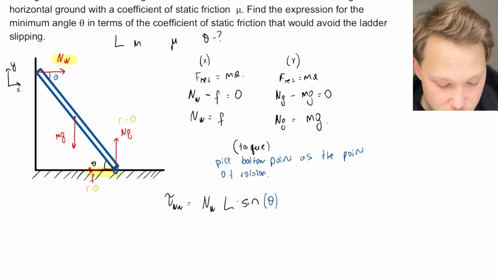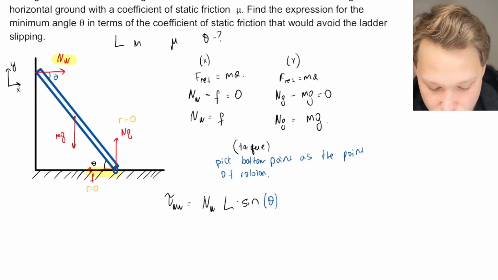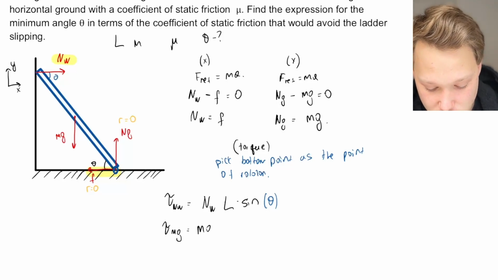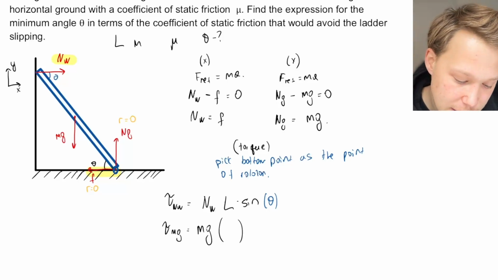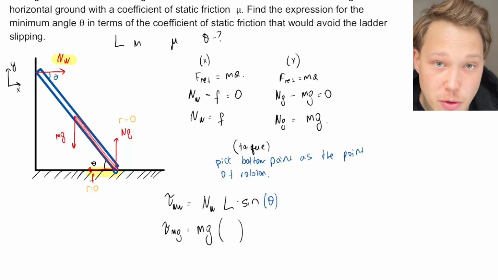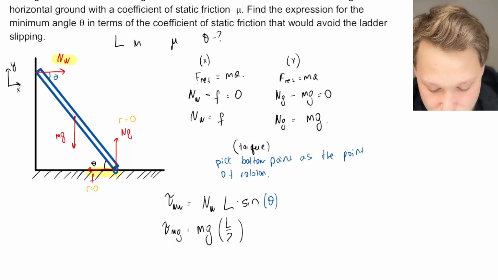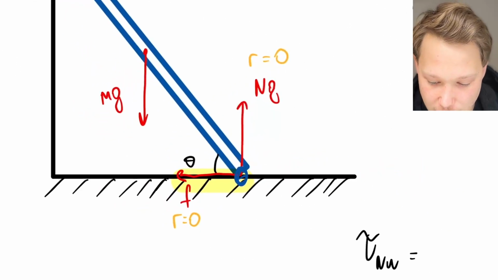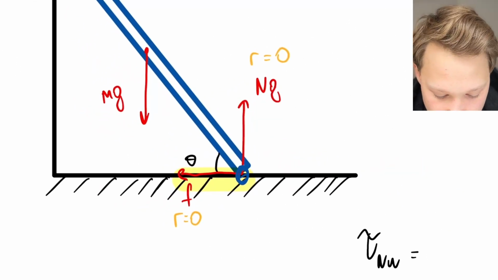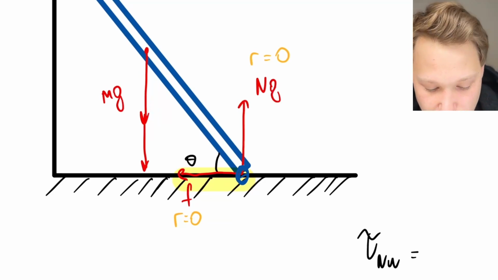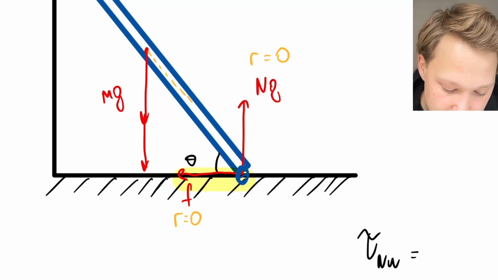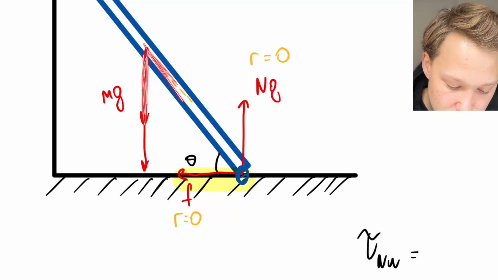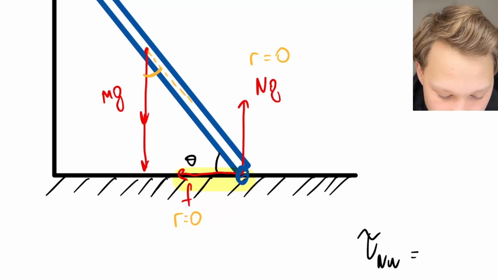What about the gravitational force? All right. So now the force itself is going to be mg. It's applied at a distance of L over 2 from the rotational point, right? And what about the angle? So let's zoom in right here when we talk about the angle. The angle is the angle between the force and the axis of rotation over here. So that's what I'm looking for, right?